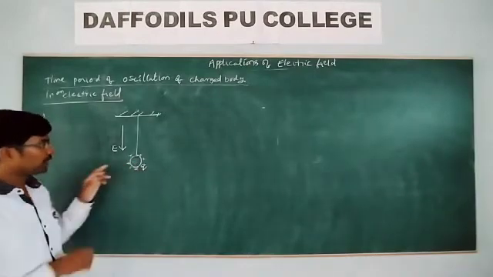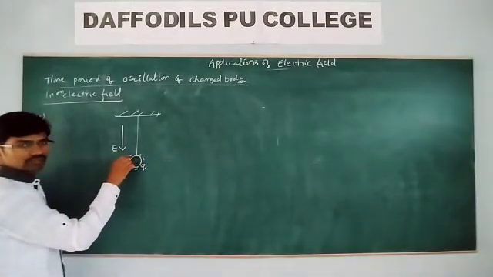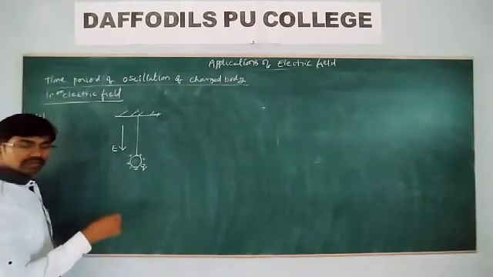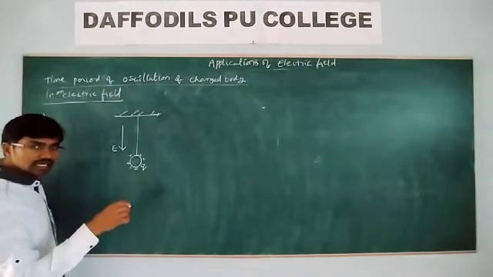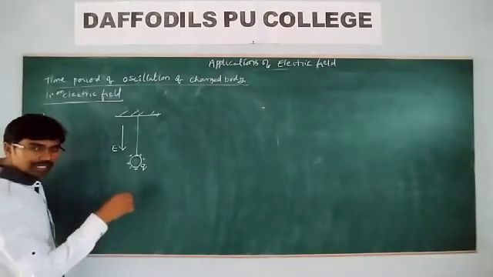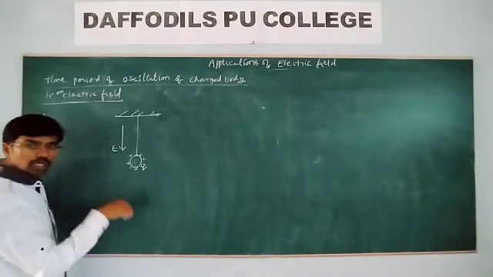Two forces. One is the force due to the electric field, QE, in the downward direction. The other is the force due to gravity, which is the weight, also in the downward direction.